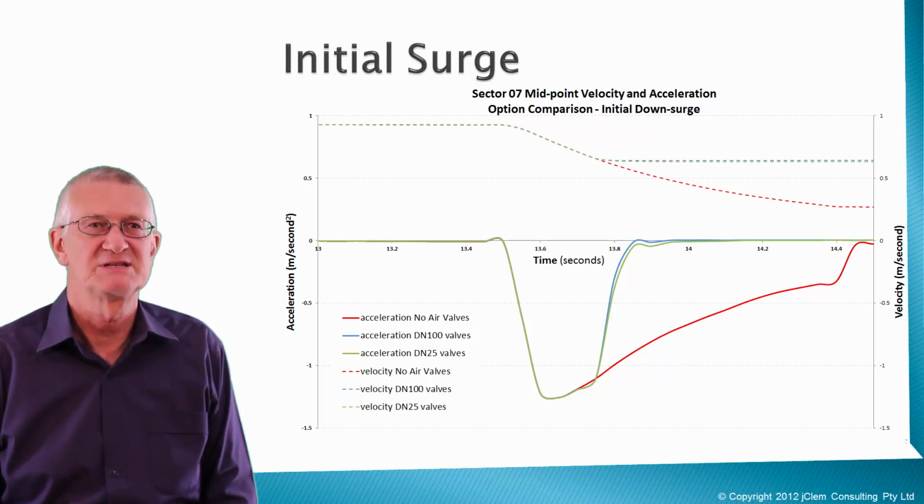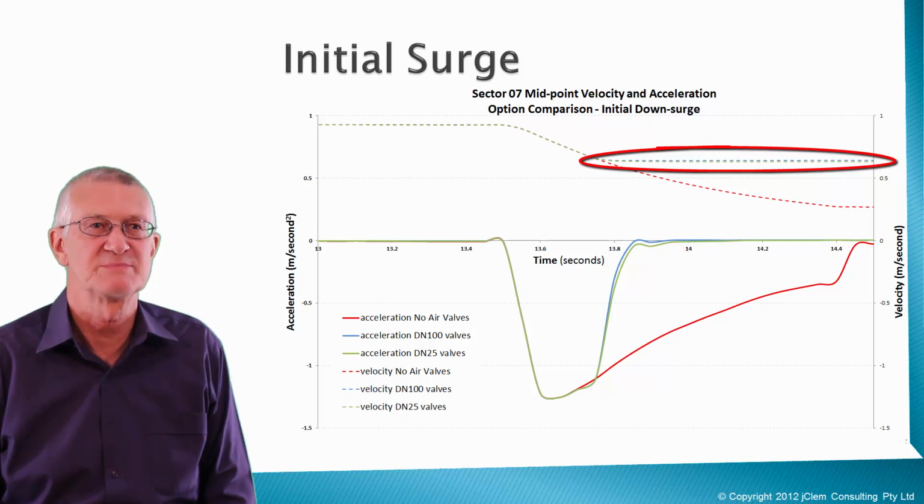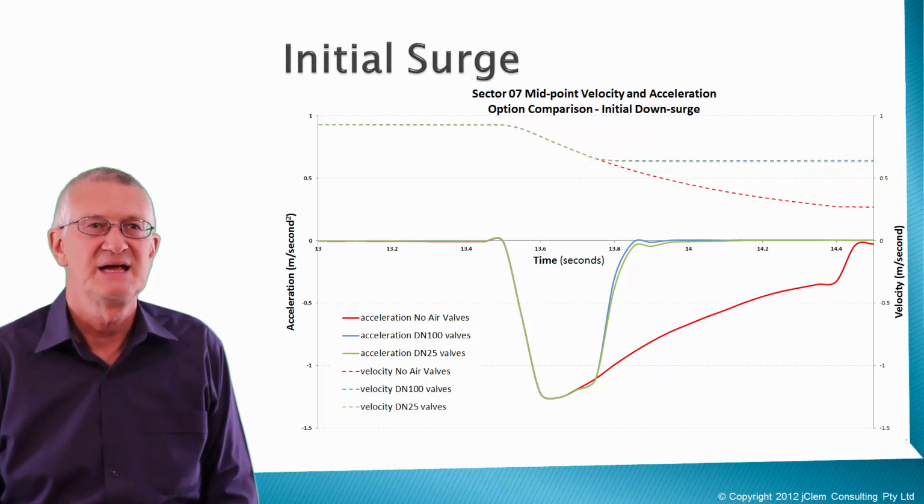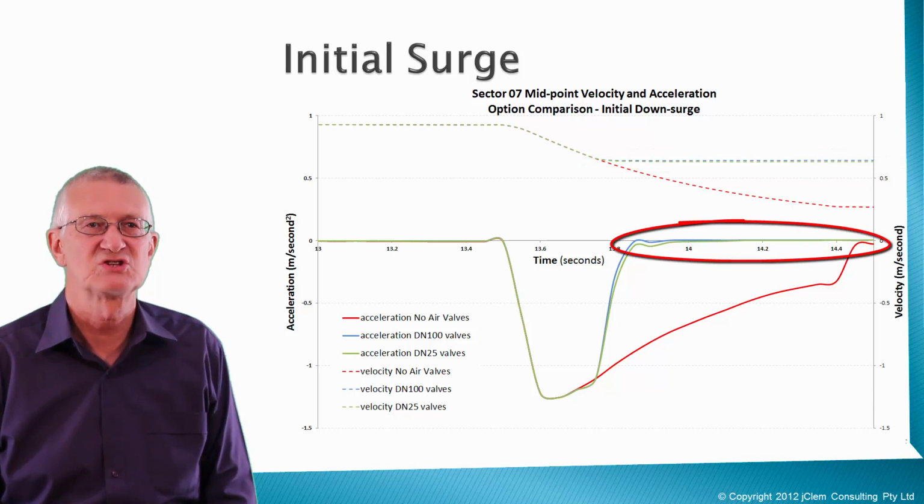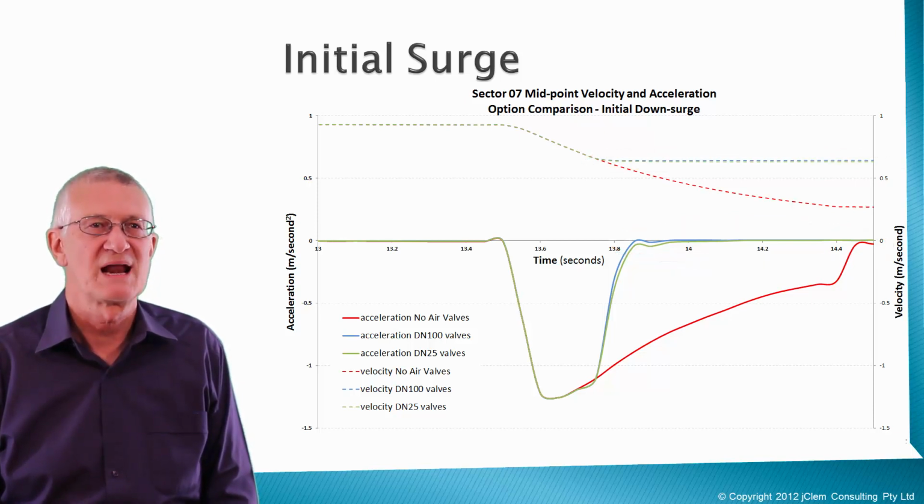They admit air into the pipeline, allowing the fluid to continue at a velocity of just over 0.6 meters per second. In other words, admitting air stops the deceleration of the fluid. This is what allows the head to be kept just below pipe obvert level. This all looks like what we engineers needed to see happen to meet the design objective of sustaining the minimum head at an acceptable level.